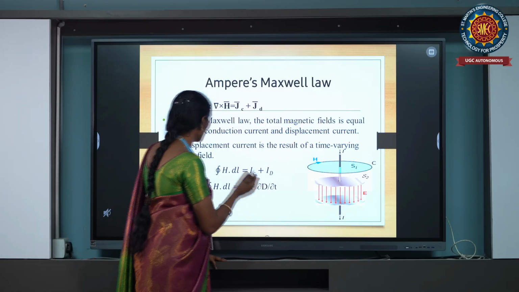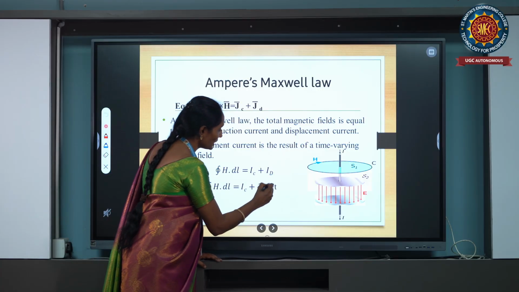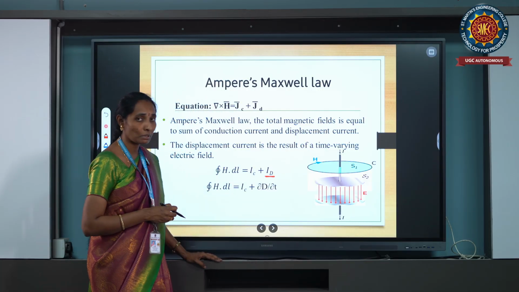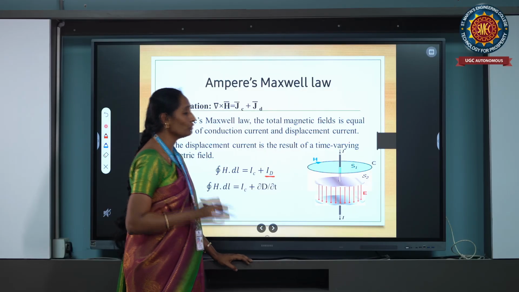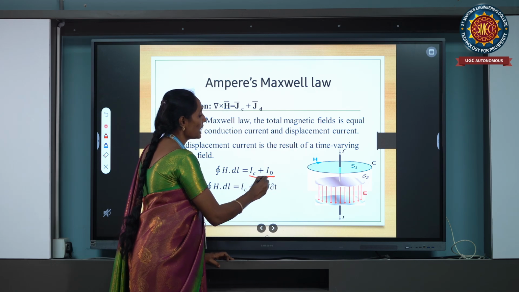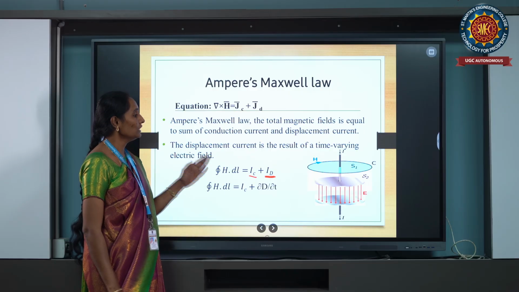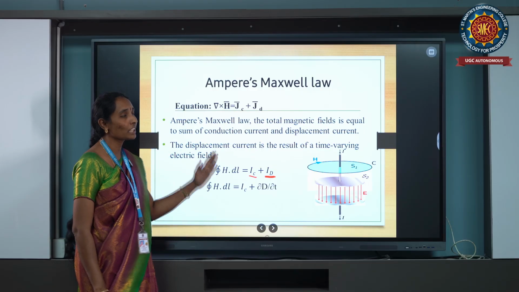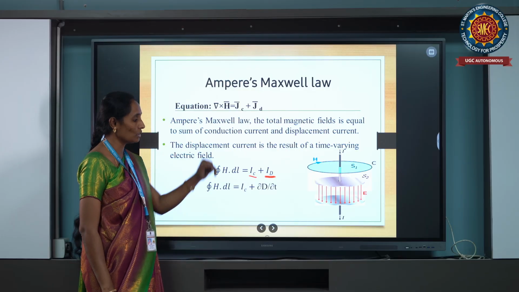That current is called the displacement current. So in time varying conditions, we consider two currents: one is the conduction current and another is the displacement current. This is a small modification in Ampere's circuit law, which is why it is called Ampere's Maxwell law.